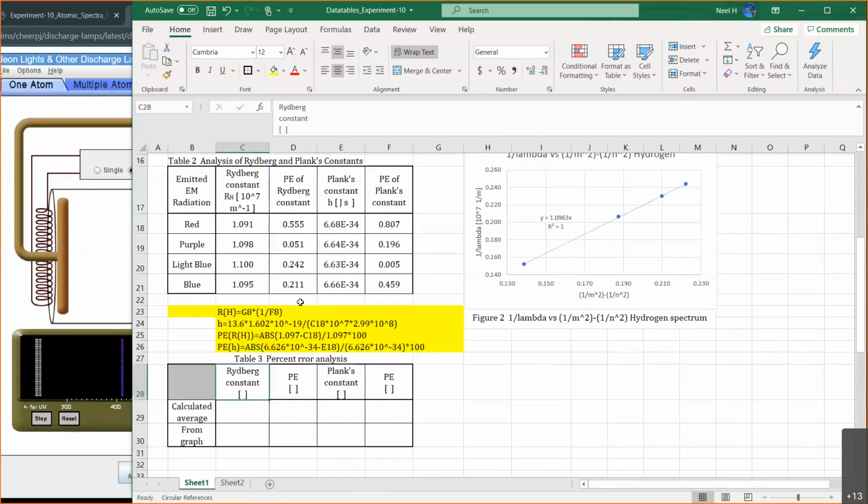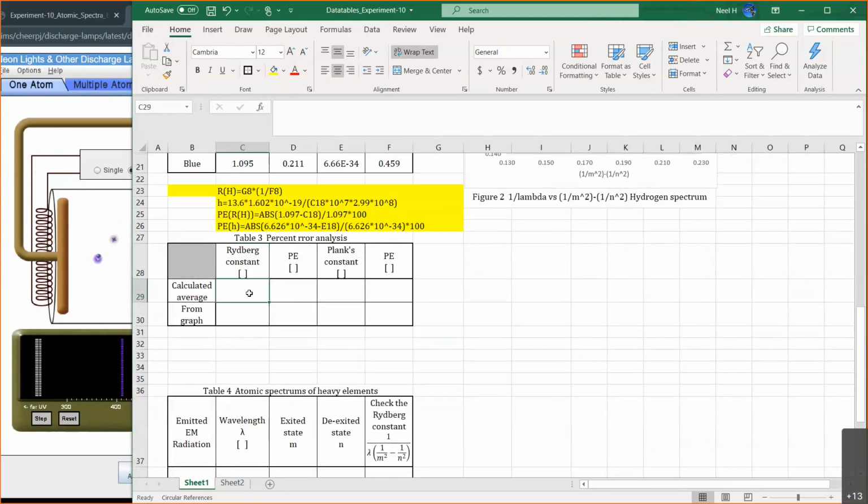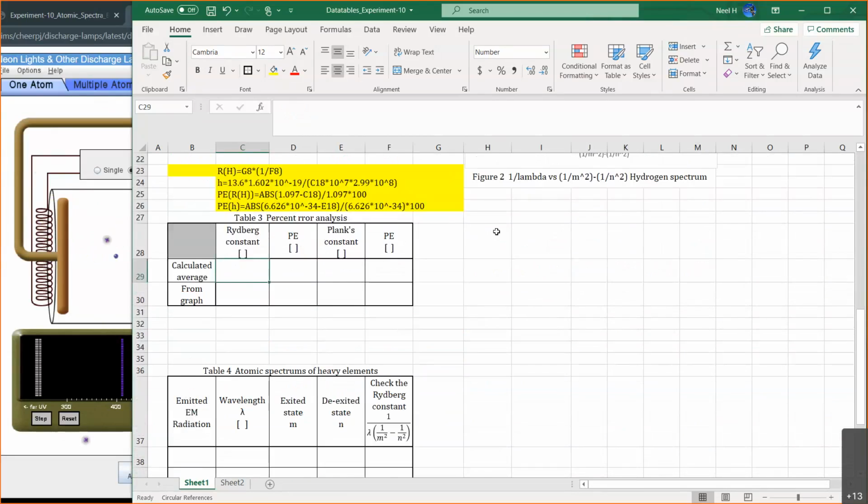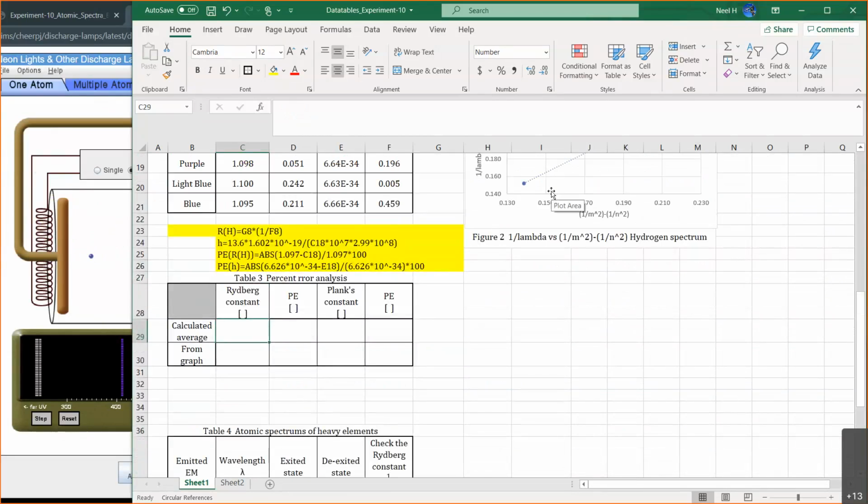Okay, so let's take a look at the percentage error a little bit. We did the percentage error earlier, but we did not do the calculation from the graph. So that's what we're going to do here, right? Rydberg constant, I can keep that 10 to the power value separated out if I want to. Otherwise, you can include it here too.